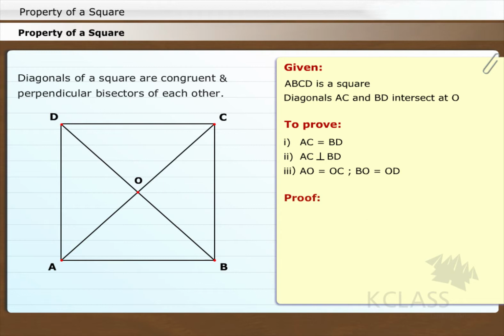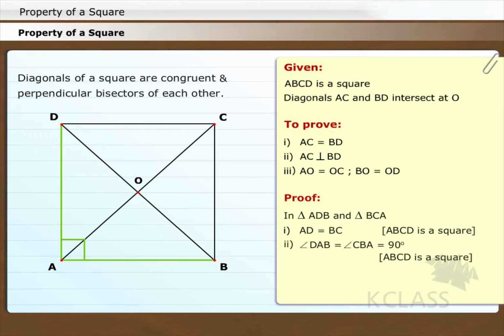Now see, in triangles ADB and BCA, AD is equal to BC because the sides of a square are equal. Angles DAB and CBA are 90 degrees because each angle of a square is at 90 degrees.